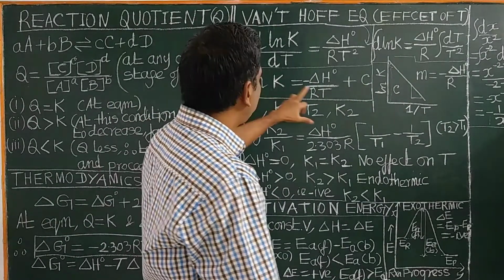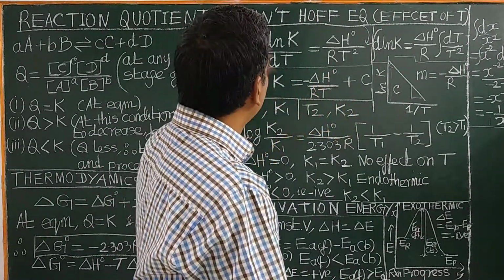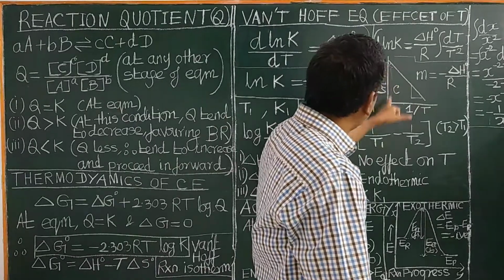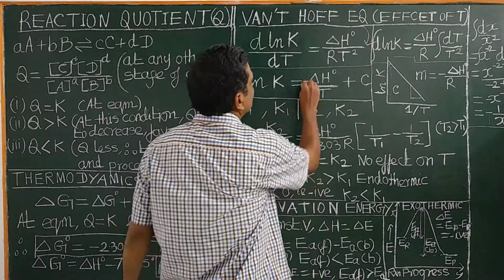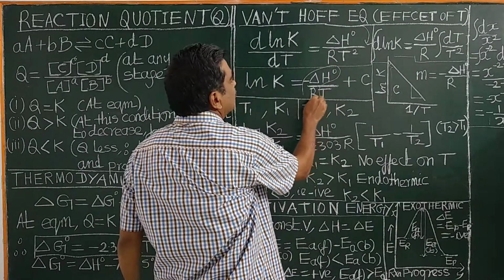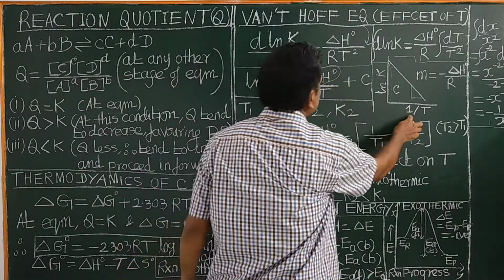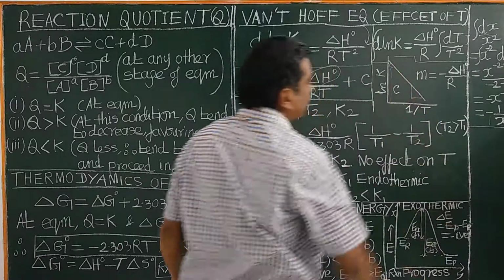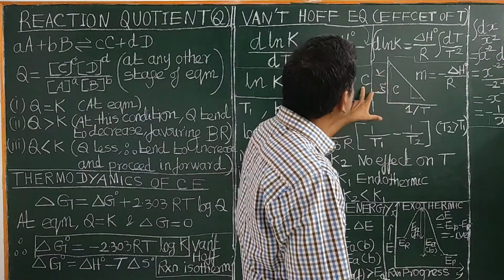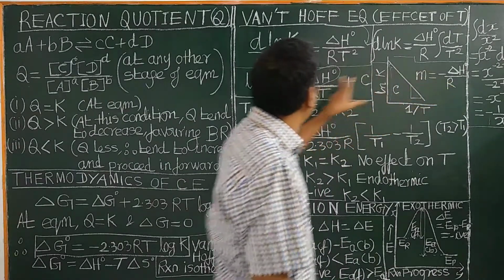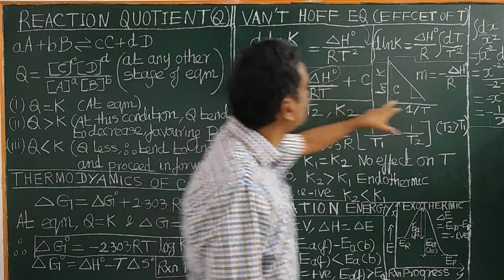This is a straight line equation. On plotting ln K on the y-axis and 1 by T on the x-axis, a straight line with a negative slope is obtained with intercept c, and the slope is equal to minus delta H naught by R.